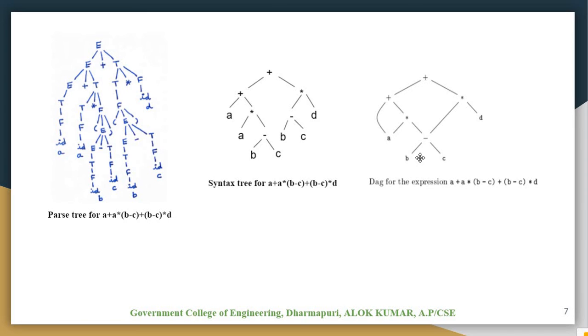Here b minus c we have constructed one time, and b minus c into d like this we can use, and b minus c in a into b minus c in the same way we have used. This a again no need to use. This one is the directed acyclic graph for the expression a plus a into b minus c plus b minus c into d.